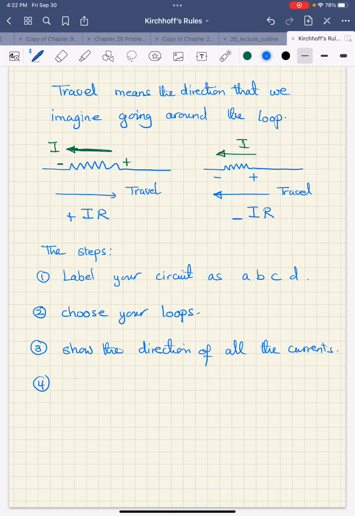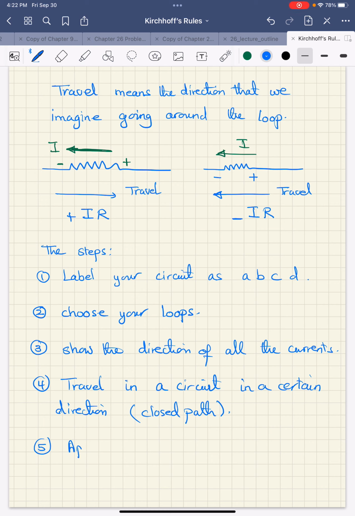Number 4, travel in a certain direction, either clockwise or counterclockwise, and it should be a closed path. Number 5, apply the junction rule.